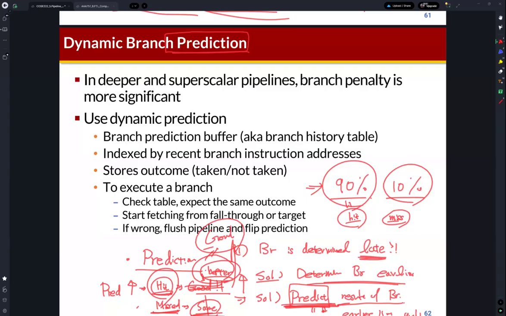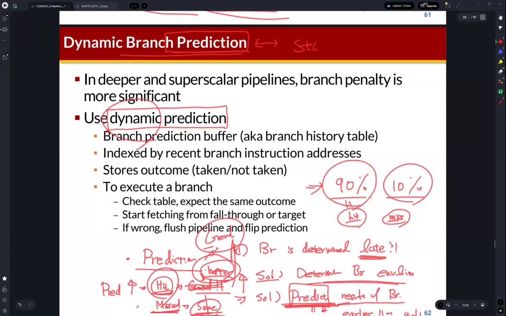And then this branch prediction is called the dynamic branch prediction. So what is the meaning of dynamic? What is the opposite meaning of dynamic? Static. So what is the meaning of dynamic?